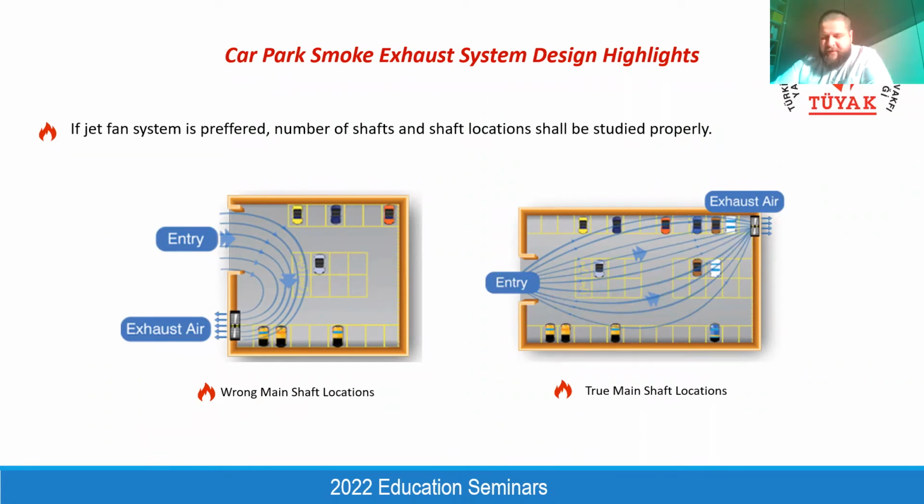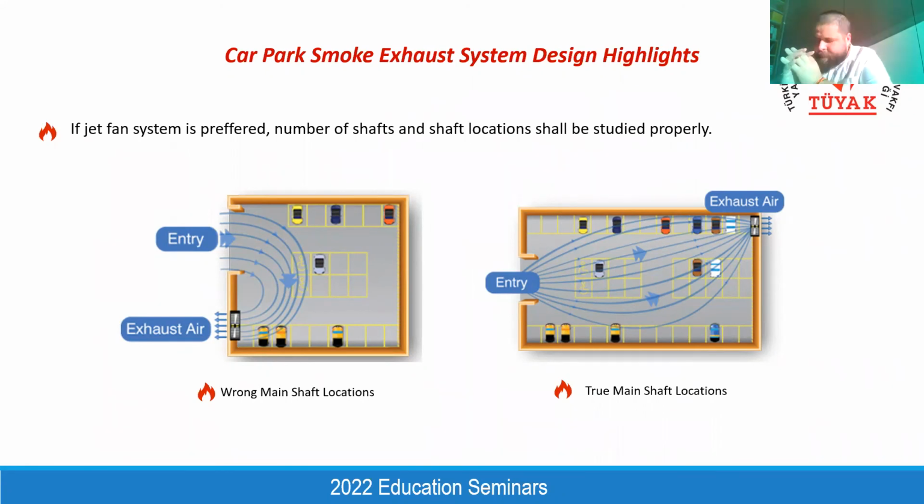That's why the shaft locations shall be studied from the beginning of the project, because once you pour the concrete for the basement floors, opening a new shaft will be nearly impossible for the structural engineer and the construction team. Approximately for each 2,000 to 3,000 square meters of car park, you will have separate fresh air and smoke exhaust shafts.